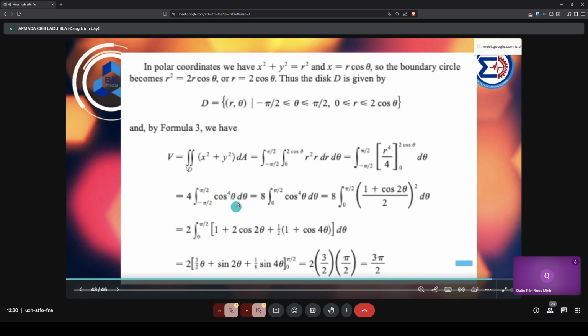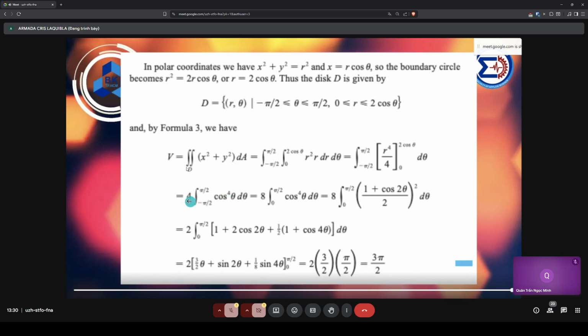Since this is an even function, the integral from negative pi over 2 to 0 is equal to the integral from 0 to pi over 2. So that is why we cut the integral from 0 to pi over 2 and we have to multiply this by 2. That is why the 4 there becomes 8.